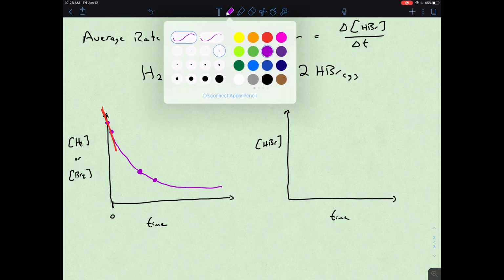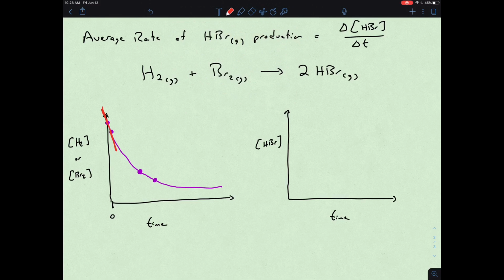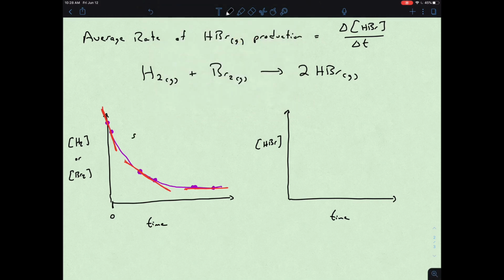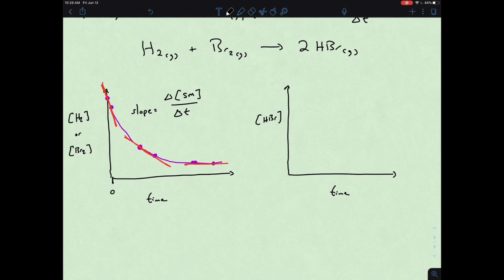So here, looking at a delta in terms of the change in concentration over the change in time, we can see that there is a flattening out as we go. So here, our slope would be equal to the change in pressure or concentration of my starting material over the change in time.